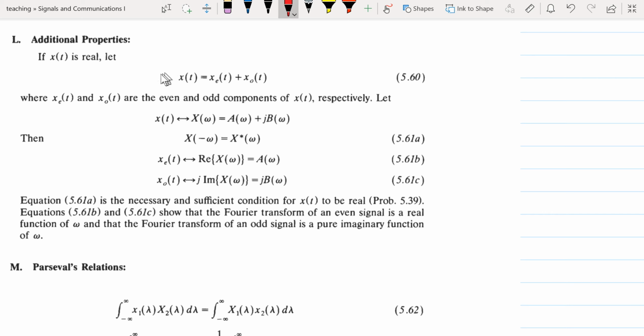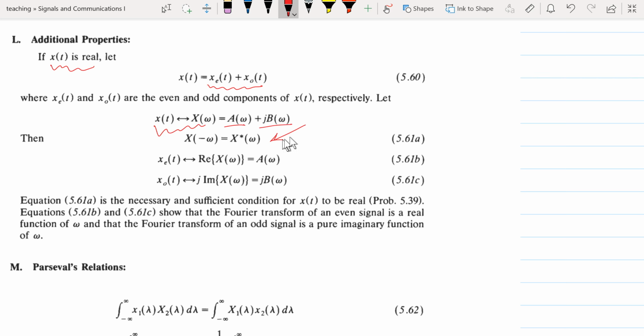And now we mention some additional properties of Fourier transforms. We are considering our signal x of t as real, consisting of two components, the even part and the odd component. We are saying that such a signal will have a Fourier transform x of omega, which has two components, the real component and the imaginary component.